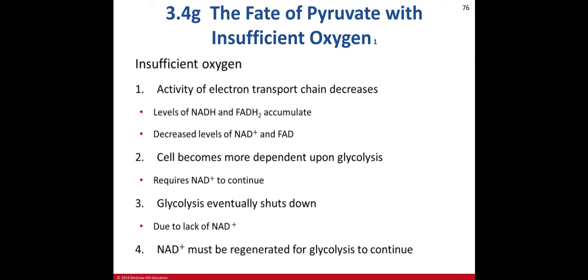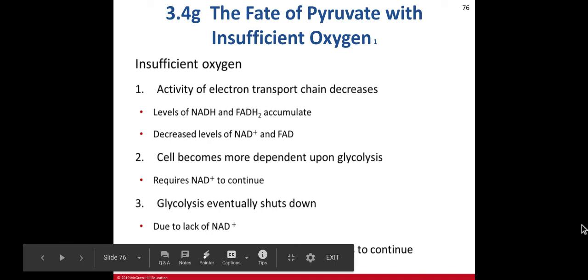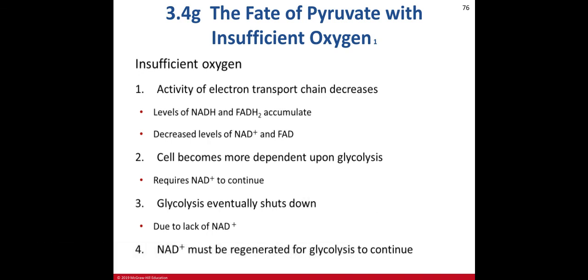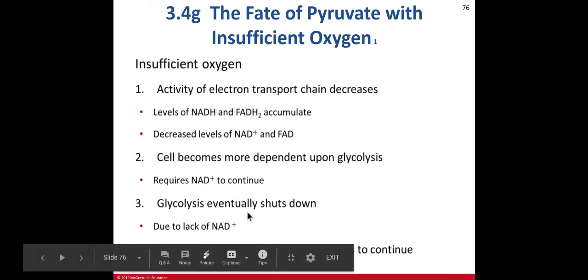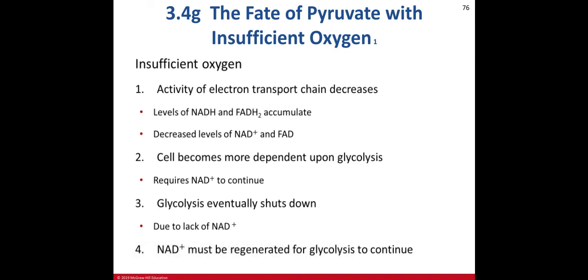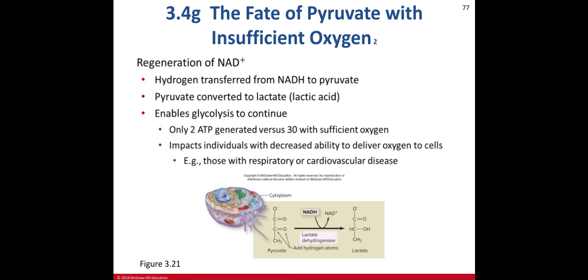As a cell becomes dependent on glycolysis, like we're waiting in this stage of not having enough of our electron transport chain molecules, then we're going to require more of this NAD+. Glycolysis eventually shuts down because we don't have enough NAD, and we've got to make more to keep glycolysis happening.